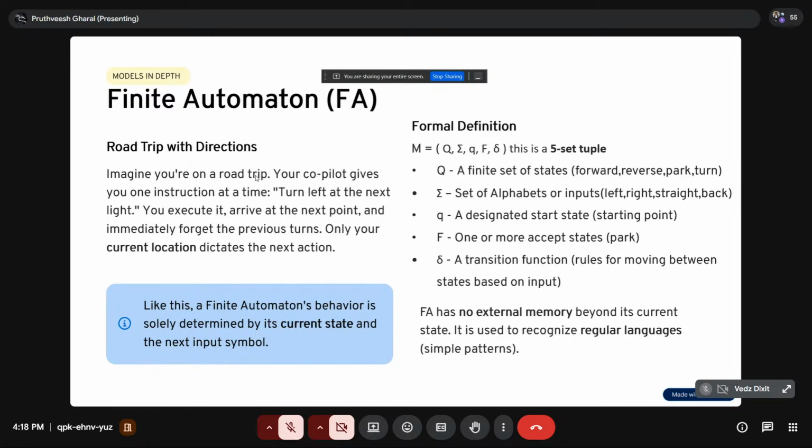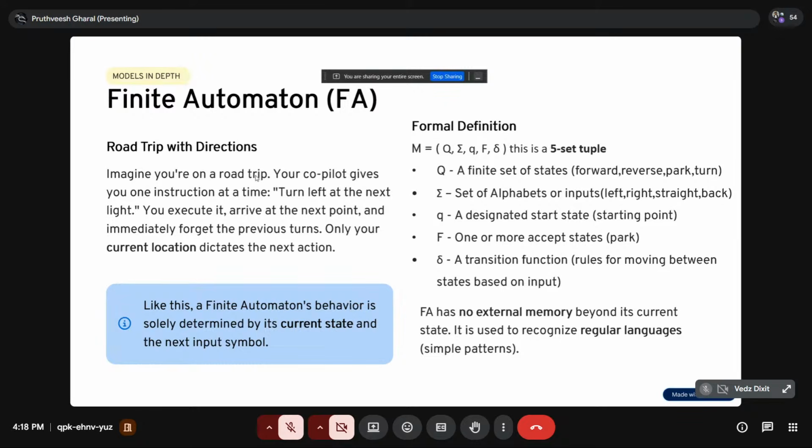Instead of giving us a map or a route of where to travel and how to travel, it only gives us the directions. Whenever we encounter a dead end, Google Maps does not give us the entire map or the entire route. It only tells us whether we should turn left or turn right.